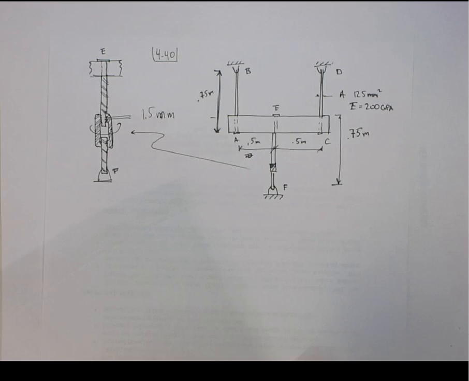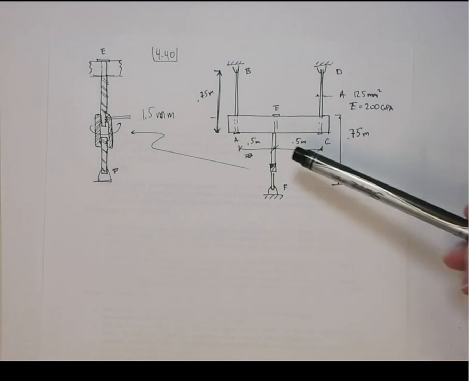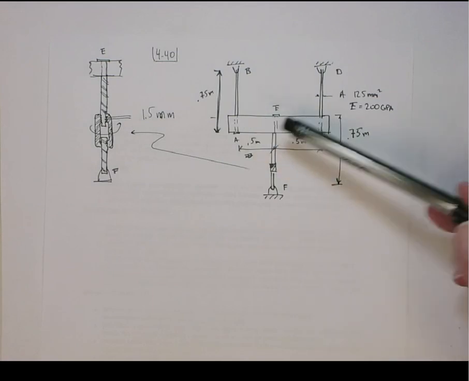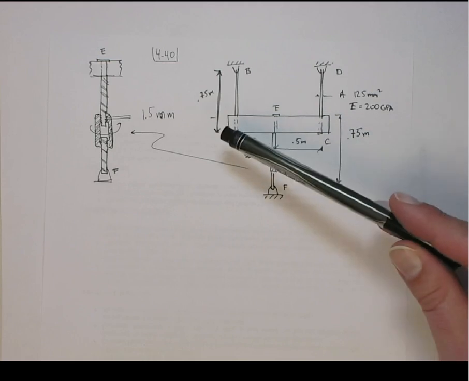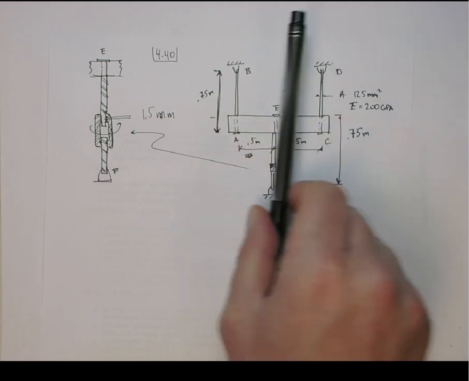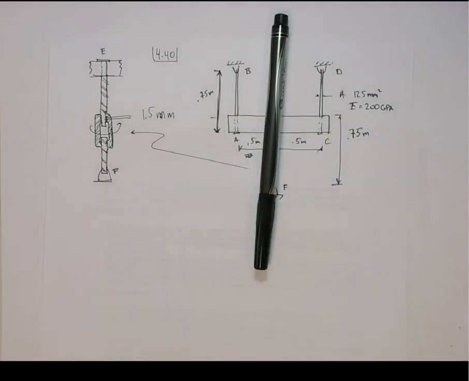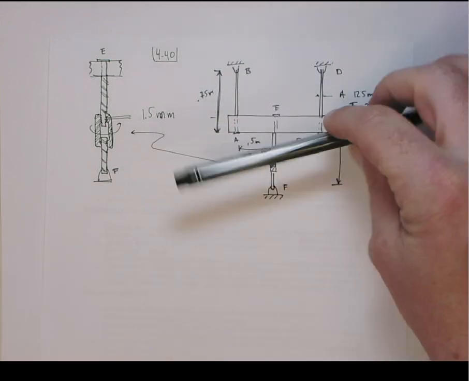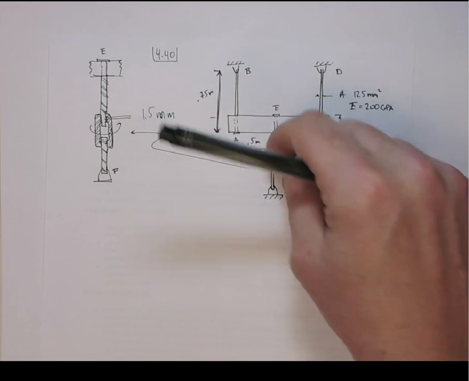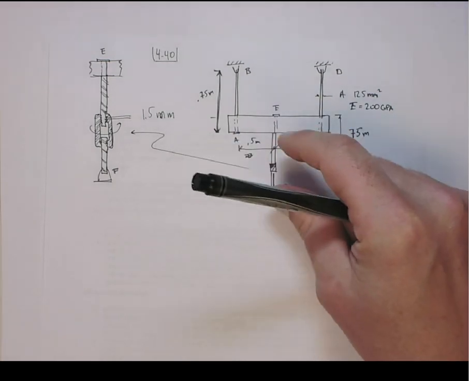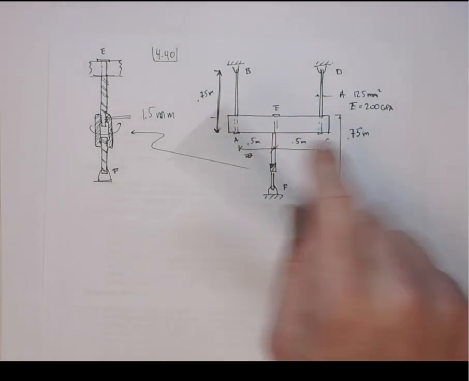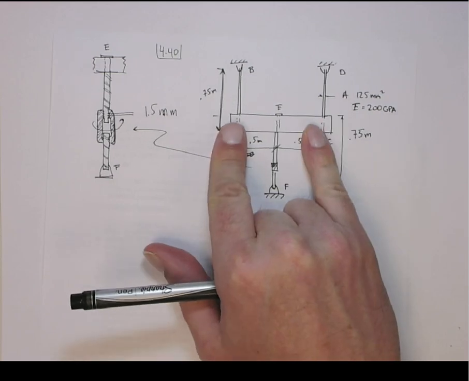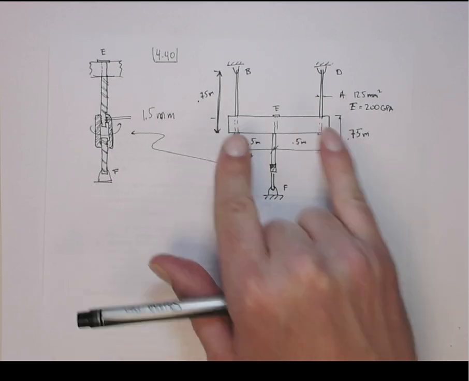But the other way to justify why there would be no rotation is that this is completely symmetric on top. If I look down this line, I have a line of symmetry, so there's nothing that would cause it to kick this way or that way. The loading is symmetric, since the mechanism that loads it, the turnbuckle, is right down the center line. These rods are identical, same length, same stiffness.